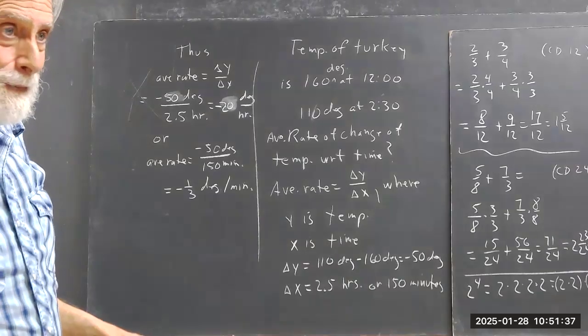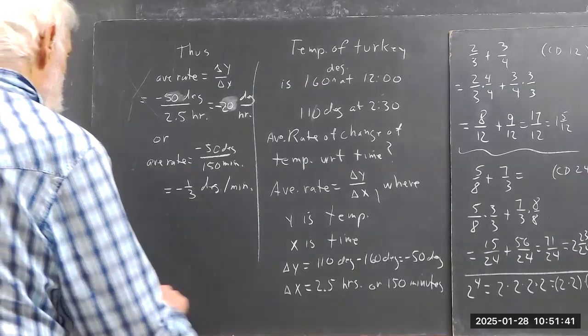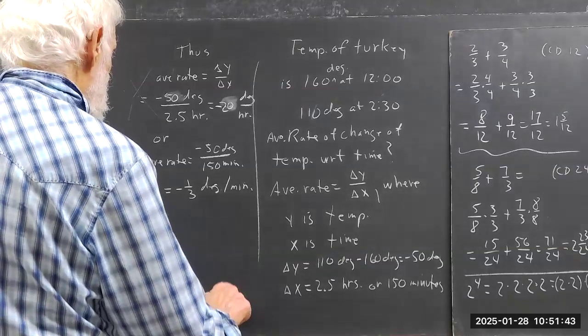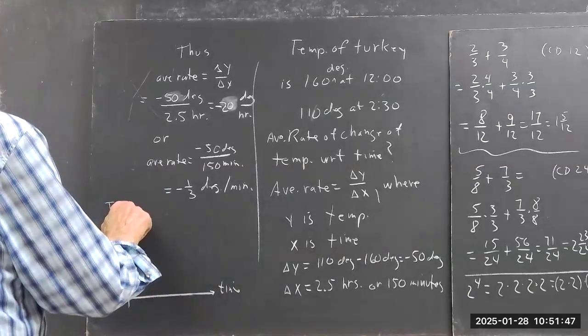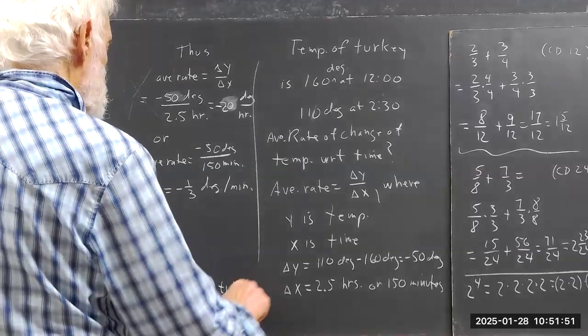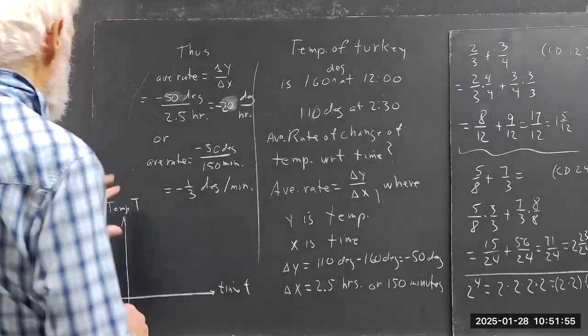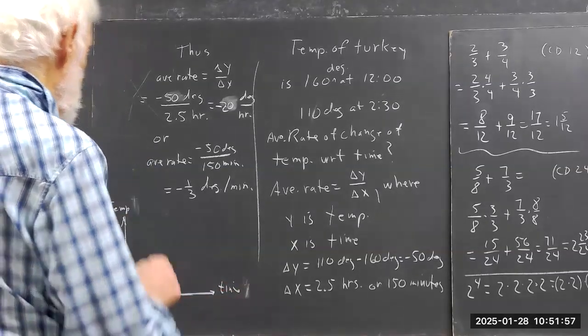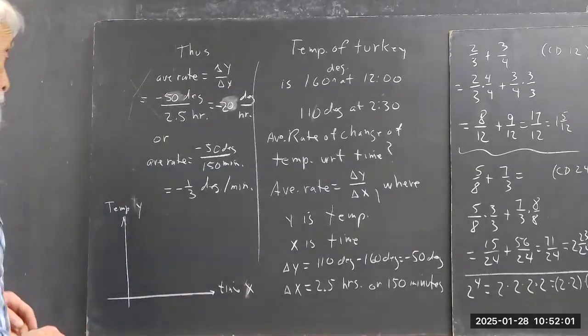Now, a graph of time here and temperature here. I'll use big T for temperature and little t for time. Since I've used y and x, I'll use y and x.